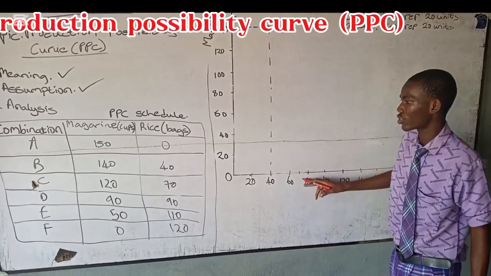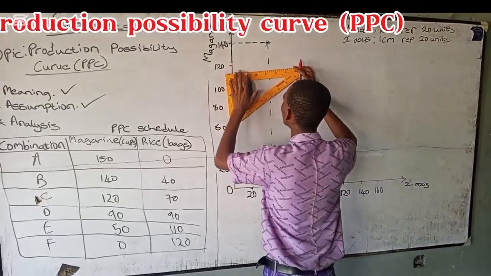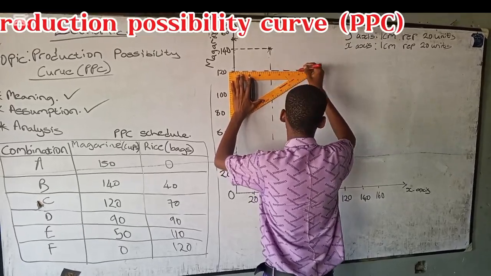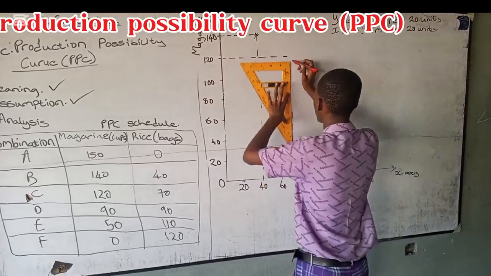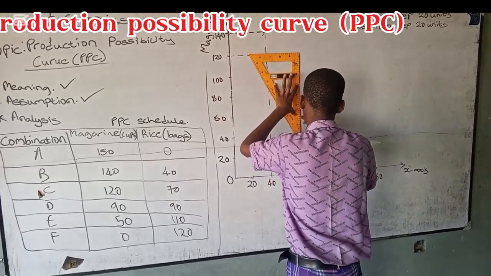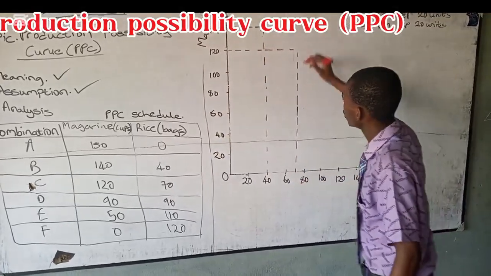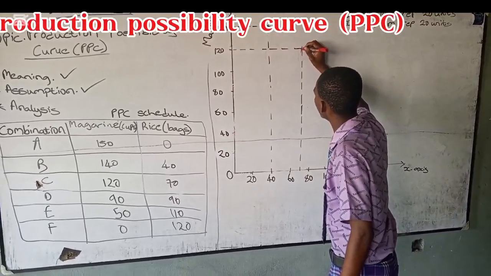It has to be 70 and 120 for margarine. So we trace. Seventy, 120. These are points of intersection.